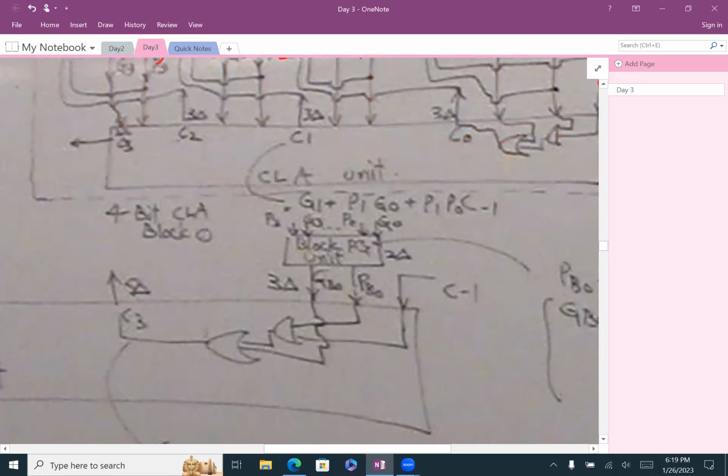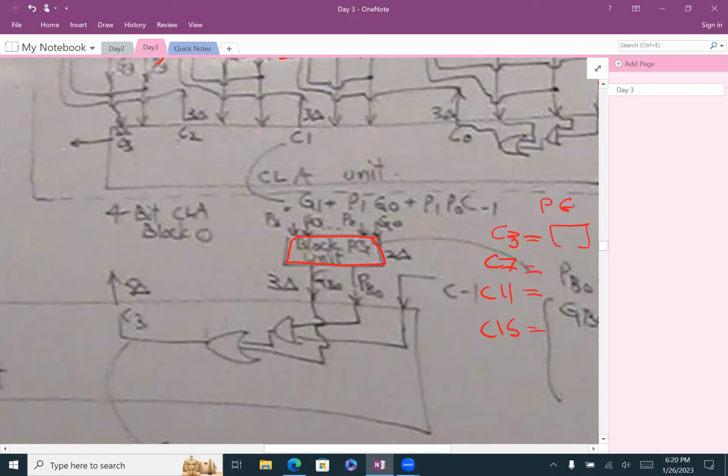All right, what we will have here, remember, is the block BG unit. What's your input there? Remember what we did first. We found the equation for C3, C7, C11, and C15. We wrote the equation. We have them.